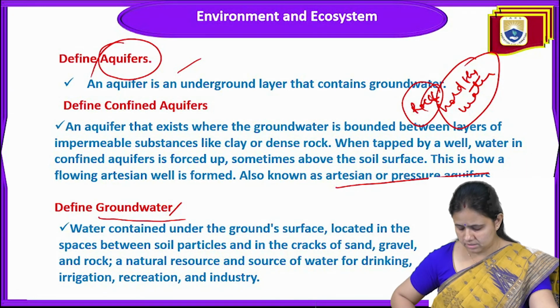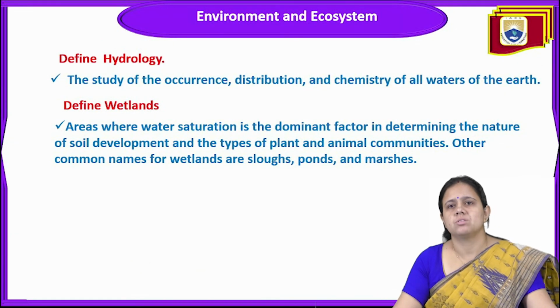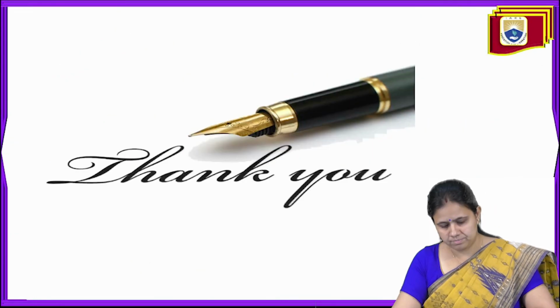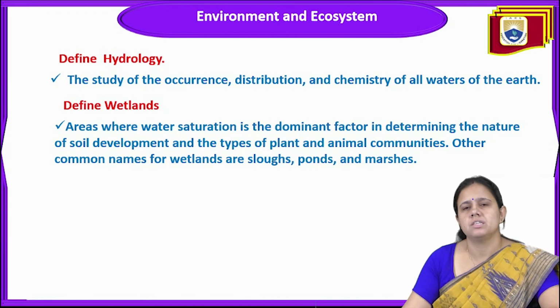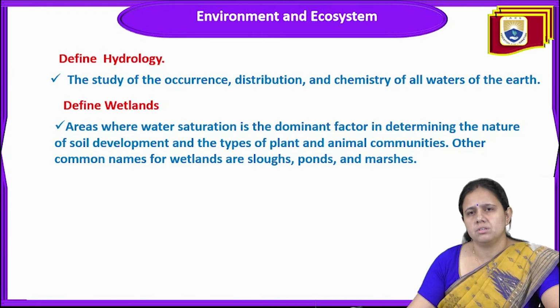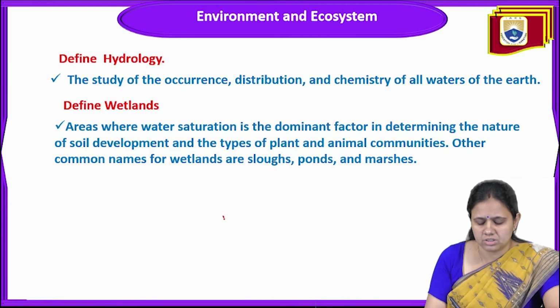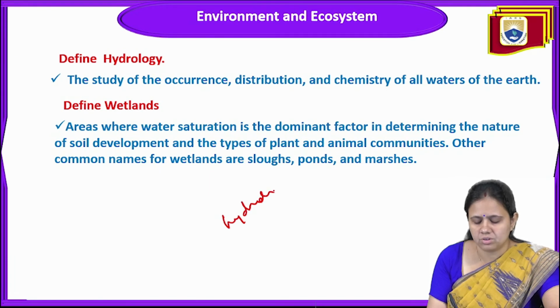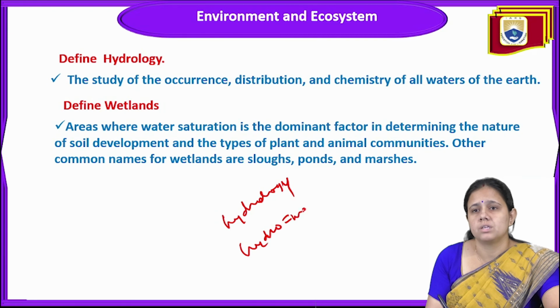Now we come to the next definitions and terminology. First of all, this is about hydrology. If a question comes like, define the word hydrology: hydro means water, and logos, as we already know, means to study.